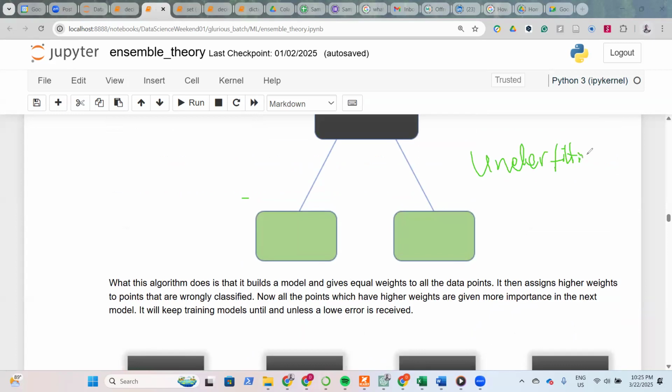That means model M1, which split the data just once, will perform poorly. Data that was supposed to be split maybe 20 or 30 times got just one split. It has not been well split, so it's underfitting.